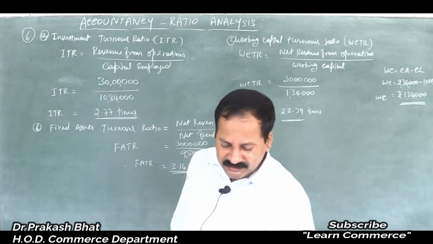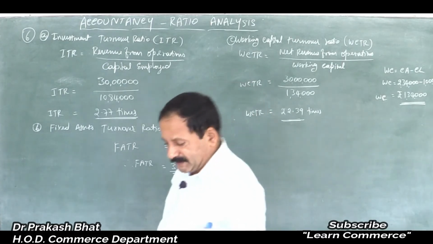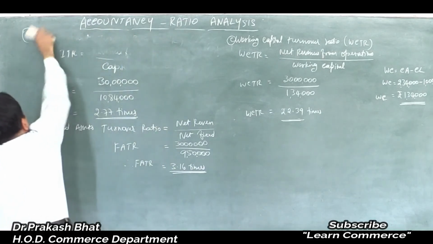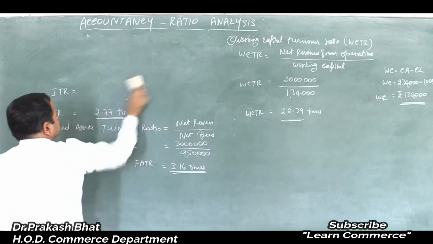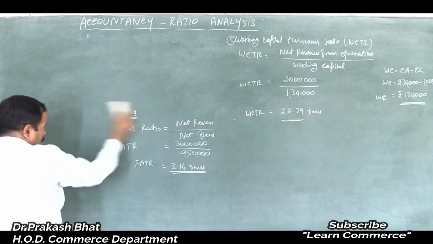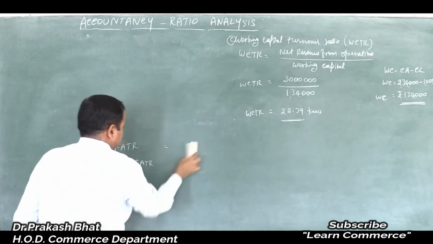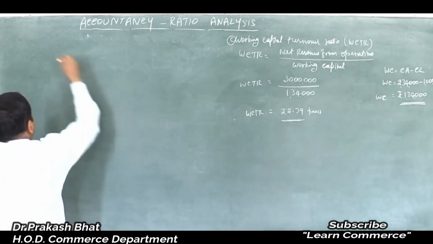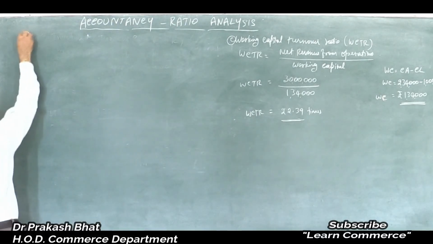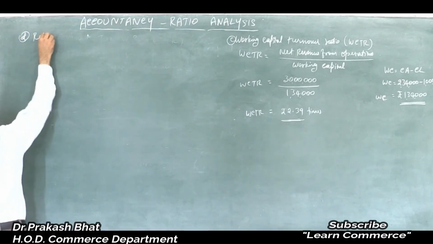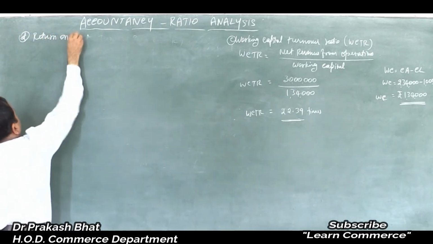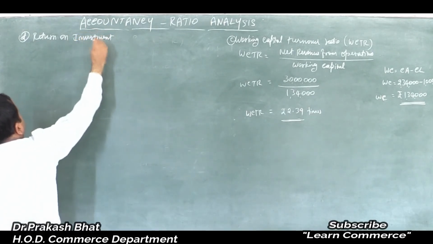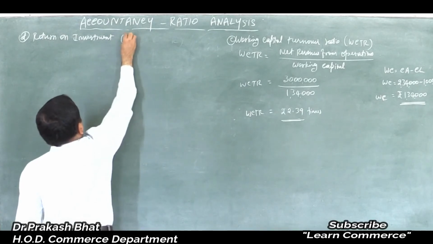Now let us move on to the fourth one, that is return on investment. There are three more ratios to be calculated. Return on investment, point D, that is the ROI.